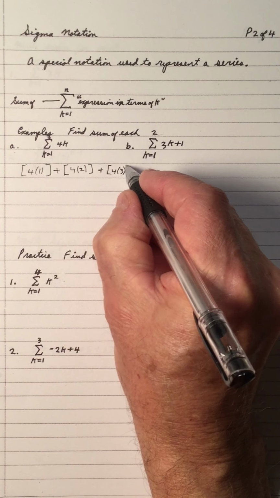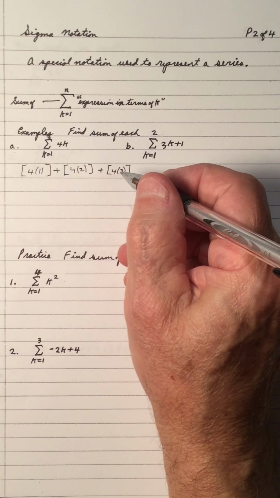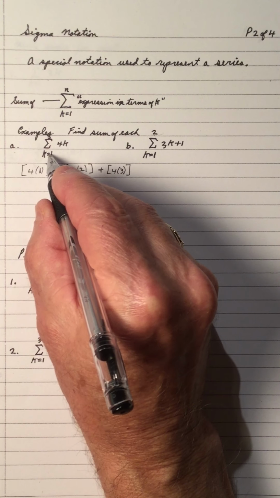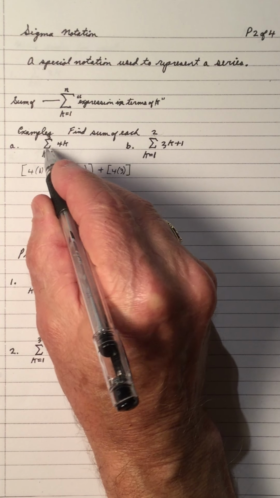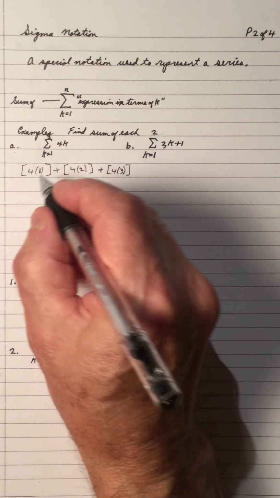So it's like subbing in values of N and Tn, or X and Y. We're subbing in X and working out. So the values of K are 1, 2, 3. It starts at 1 and ends at 3.